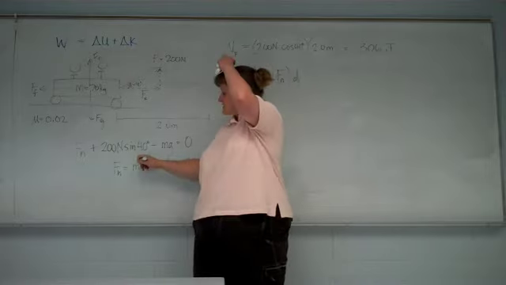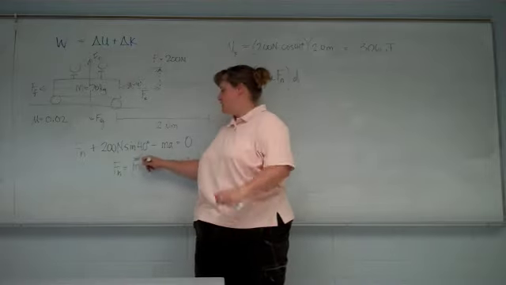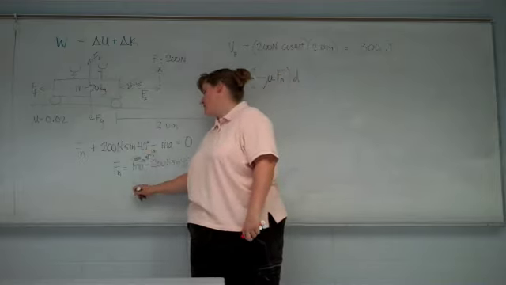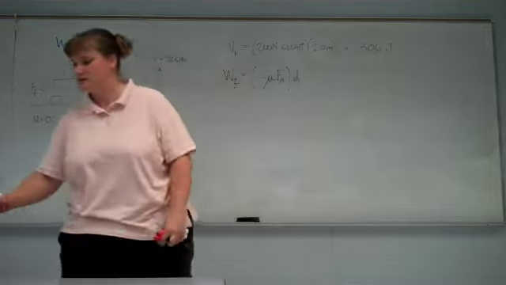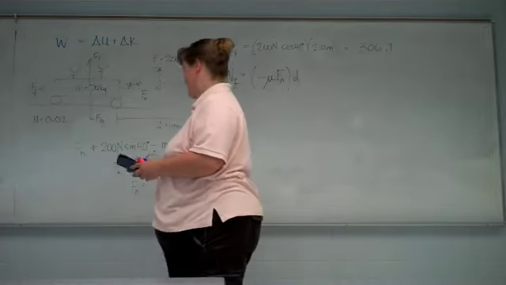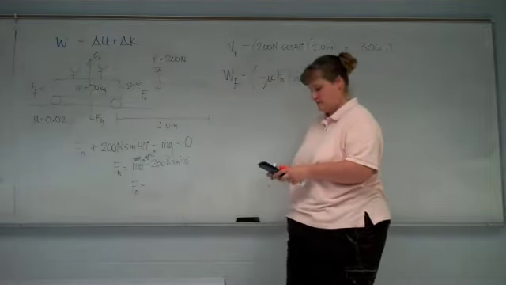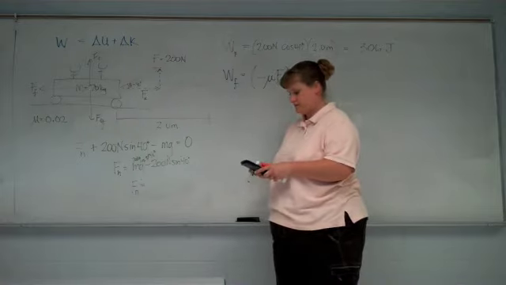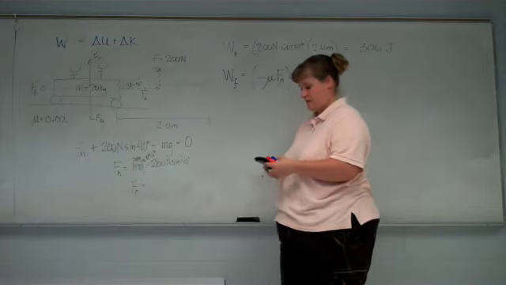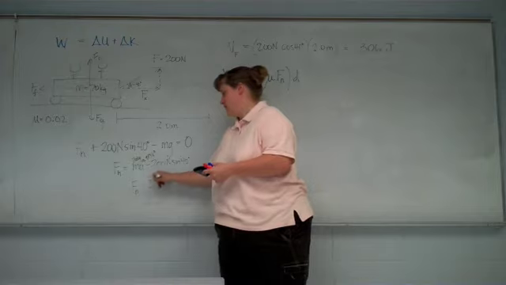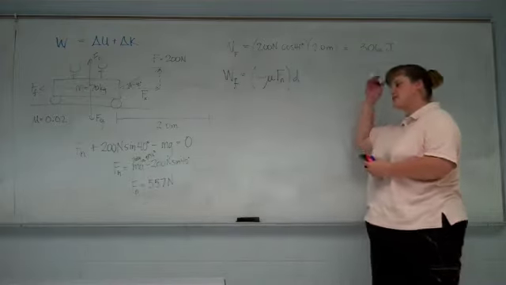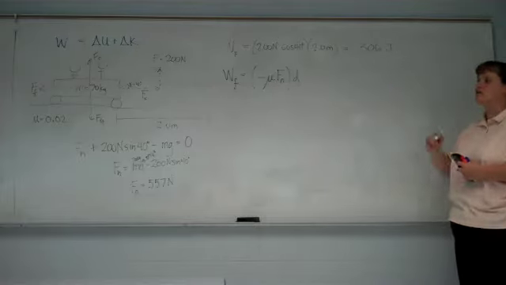So we said the mass is 70 kilograms total. g we know is 9.8. So our normal force will be 557 newtons. It's less than mg, and that's because of the component of the wagon handle.